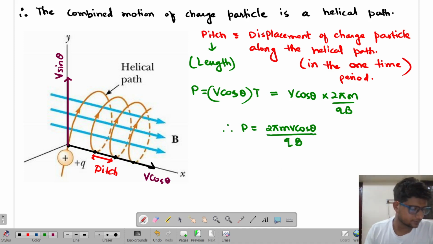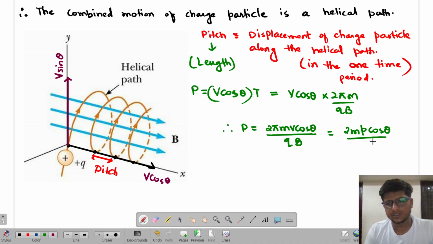Are you able to get me or not? What is mv? It is the momentum of the particle. So pitch can also be related with momentum. Actually, instead of pi, I wrote mass. Pitch is 2 pi p cos theta by qB.